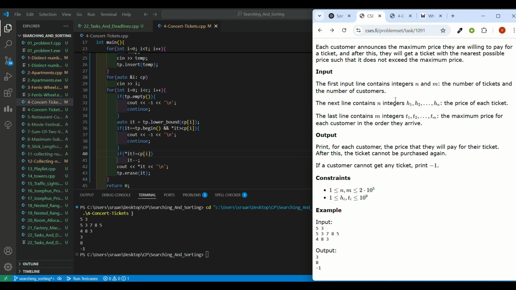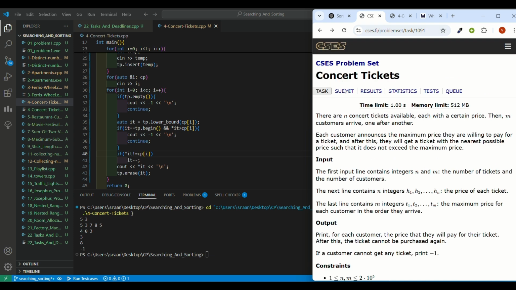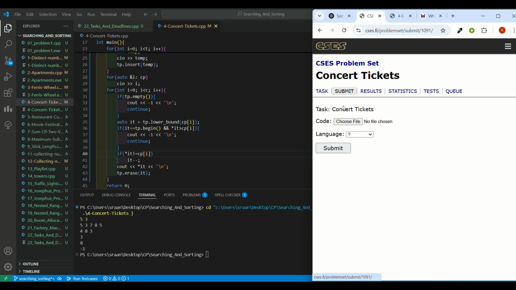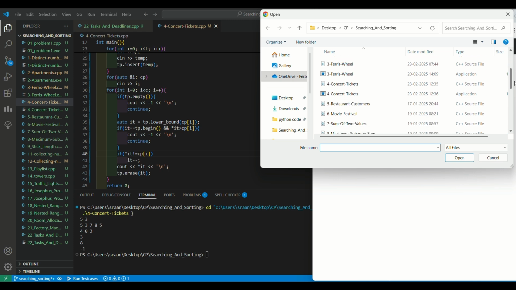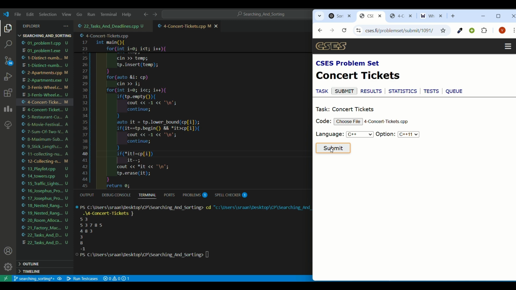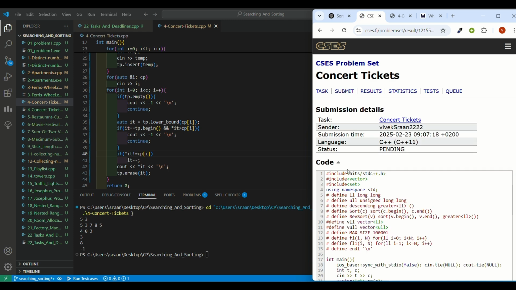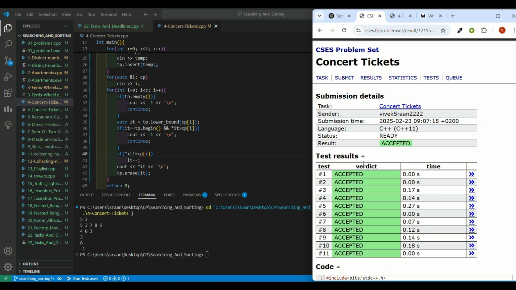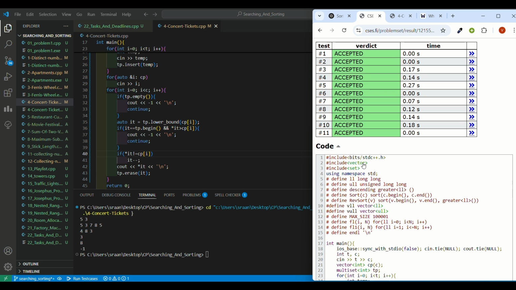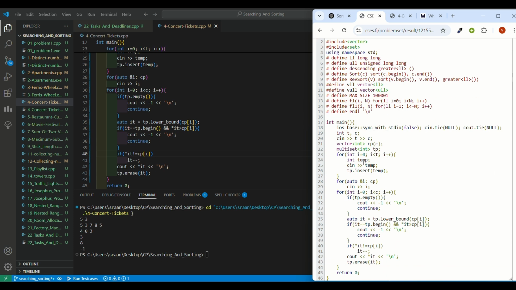It is working correctly. So let's try to submit it. So our solution is accepted successfully.